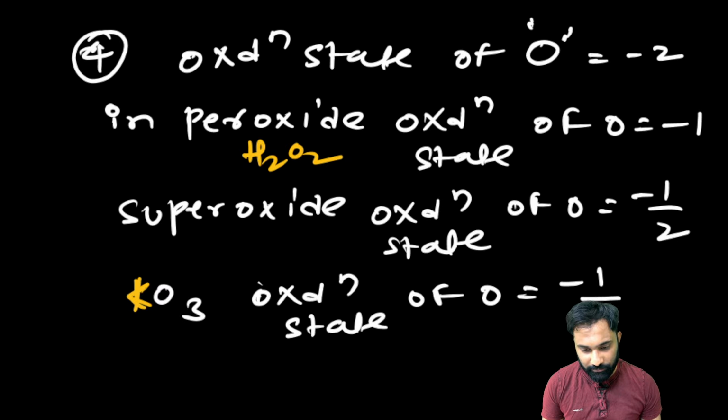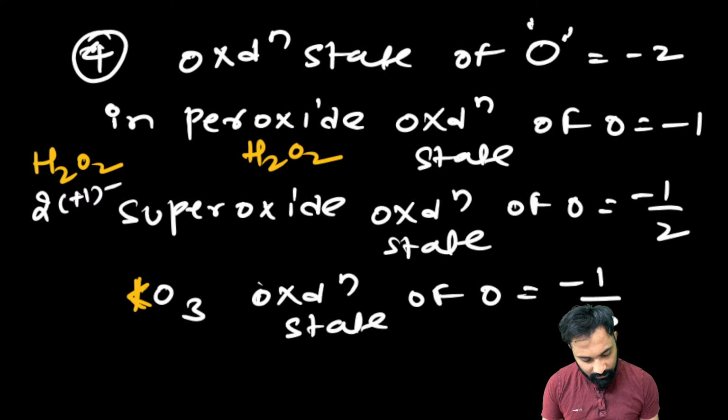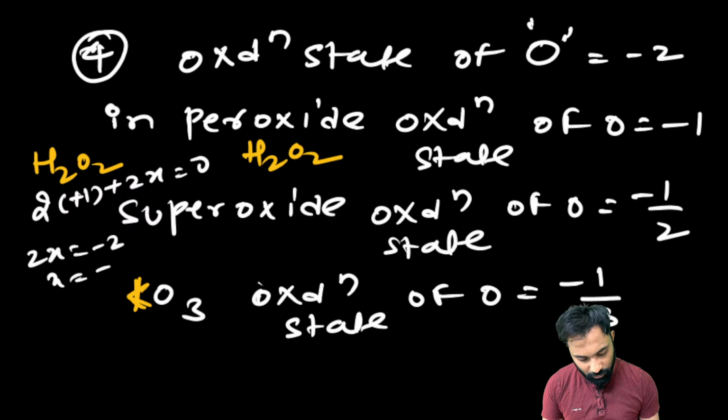Peroxide means H2O2. Now the hydrogen oxidation number when it is attached with more electronegative elements is +1, so 2 + 2x is equal to 0. Now take the 2 to the left hand side, it becomes 2x is equal to -2, x is equal to -1.